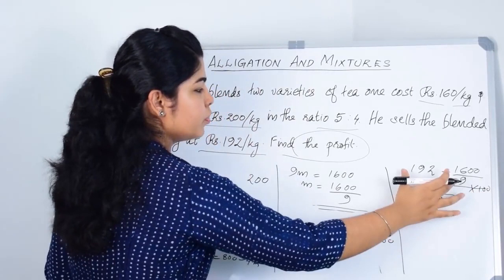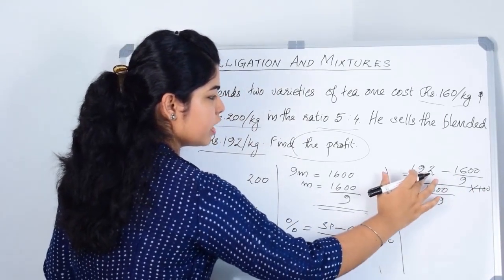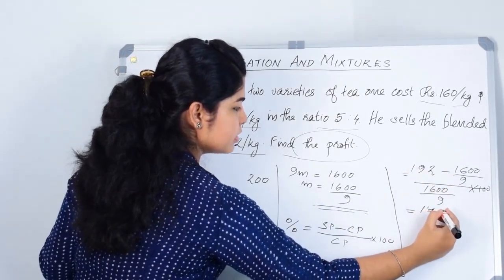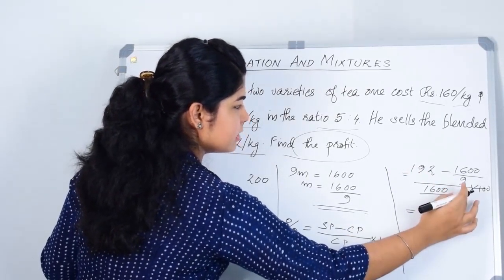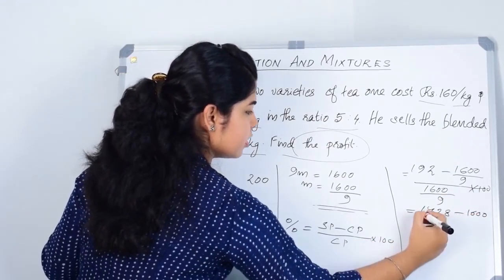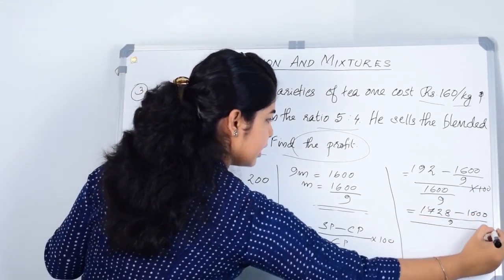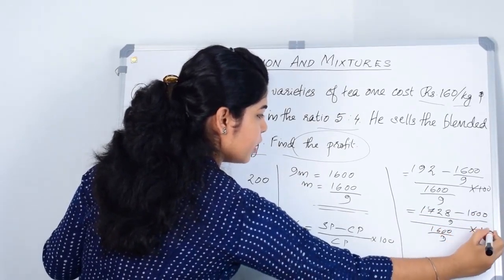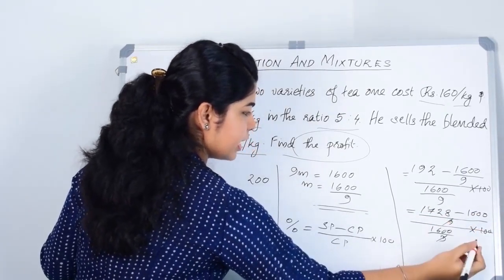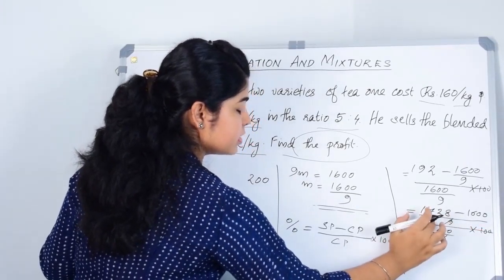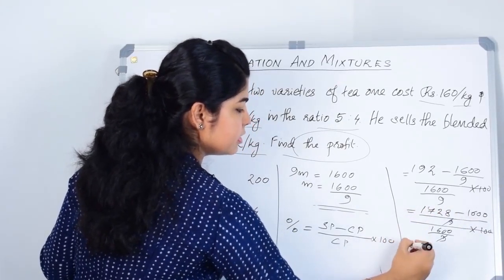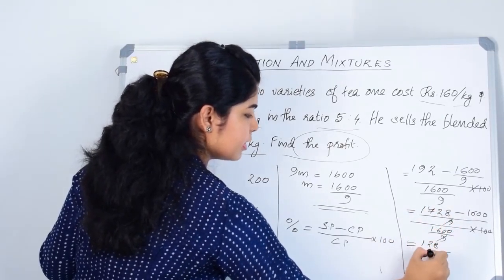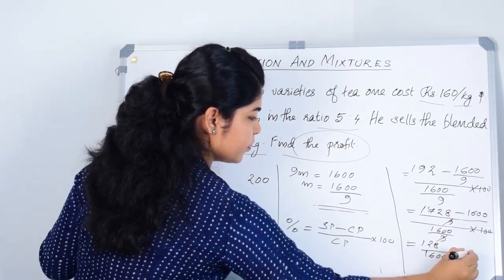So now I am going to cross multiply this. 192 into 9 is equal to 1728 minus 1600, whole divided by 9, again whole divided by 1600 by 9 into 100. So 9 and 9 got cancelled, then 1728 minus 1600 is 128, then divided by 1600 into 100.